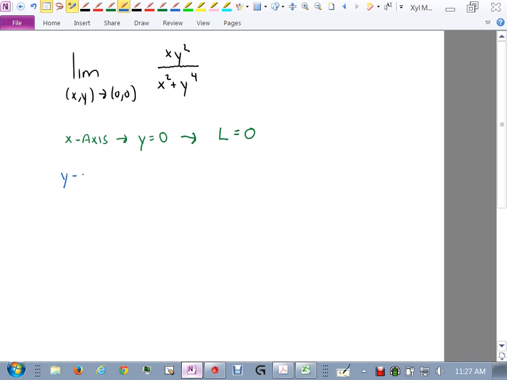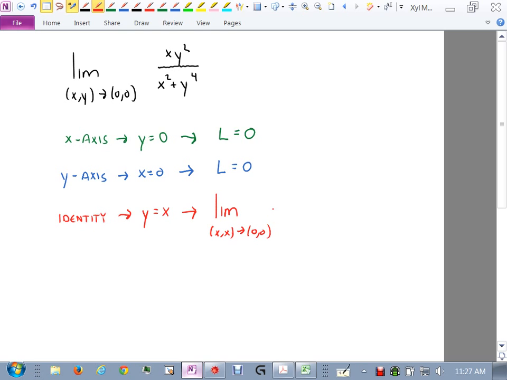If we come in the y-axis, we get x is 0. If x is 0, what do we get? 0 again. All right, then we tried the identity, right? And that was y was equal to x. If we do that, I'll write it out. We get limit xx approaches 0, 0.